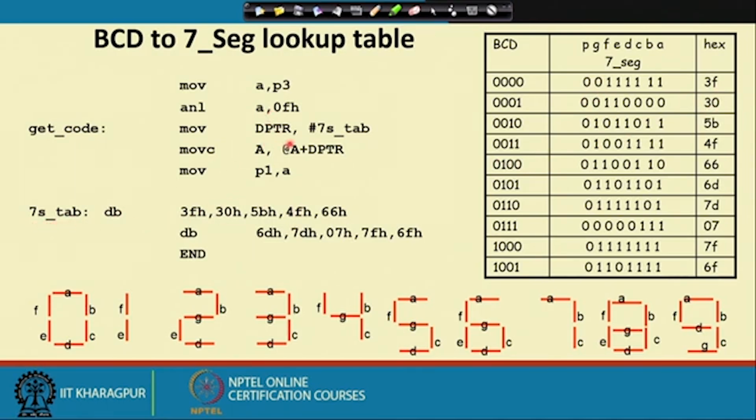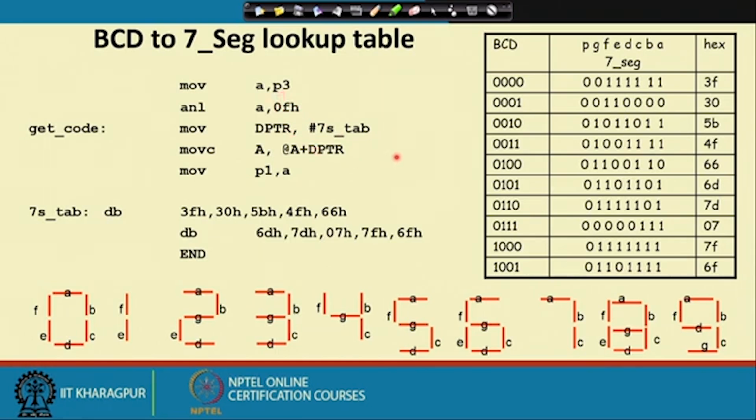So, DPTR will get the value of the key that is pressed, 0, 1, 2, 3. Those keys will be there, and that will be added to this DPTR. Here we have the number that I want to display, that should be entered through port P3, that one single digit.